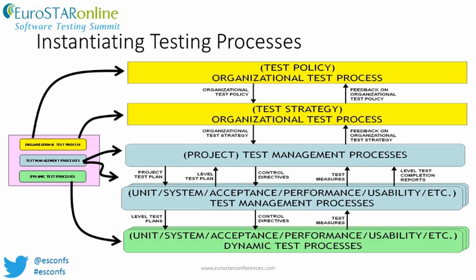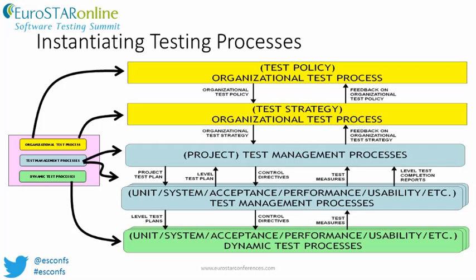The organisational test process is instantiated twice, once to develop and maintain the organisational test policy, and once for the organisational test strategy. The test management processes are instantiated to develop and implement the project test plan, and also used for each subsequent phase or type of testing for which a separate test plan is created.